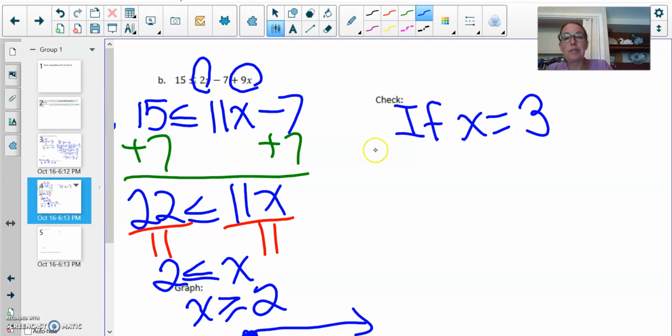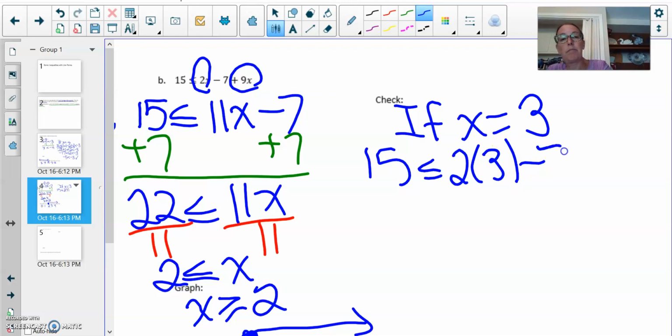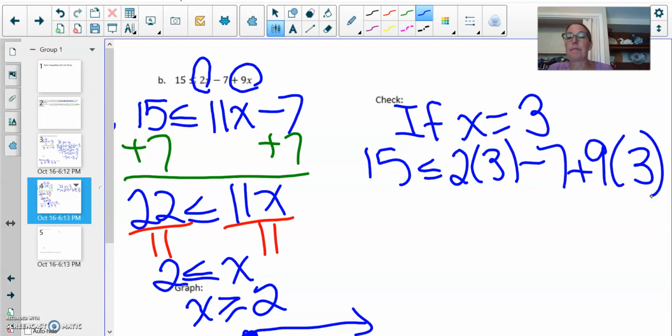go back to my original. It's 15 is less than or equal to 2 times 3 minus 7 plus 9 times 3. I can do 2 times 3 and 9 times 3 at the same time.